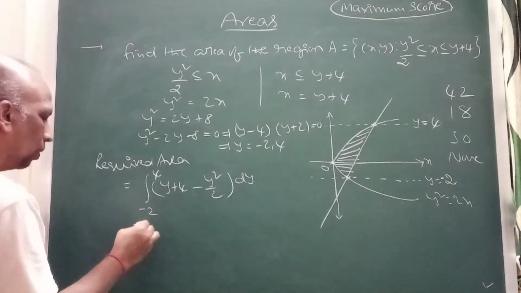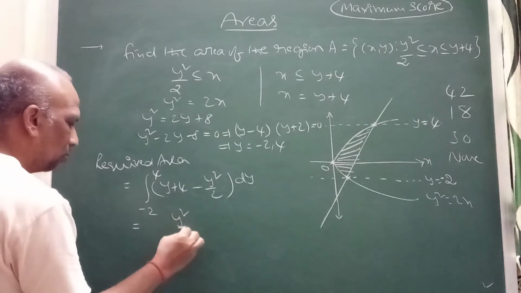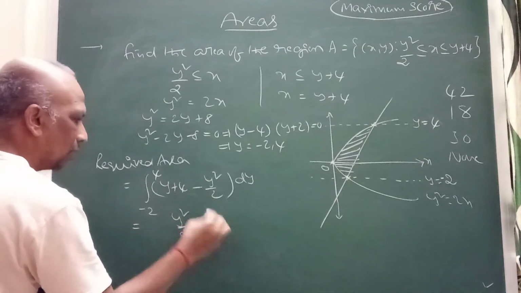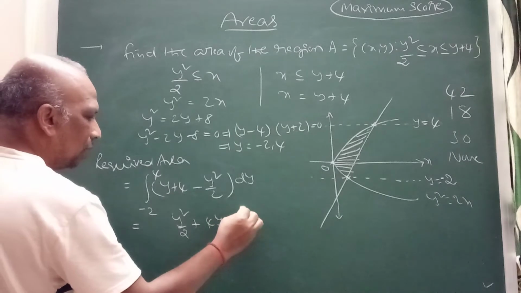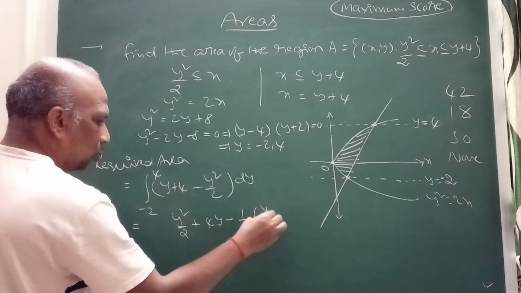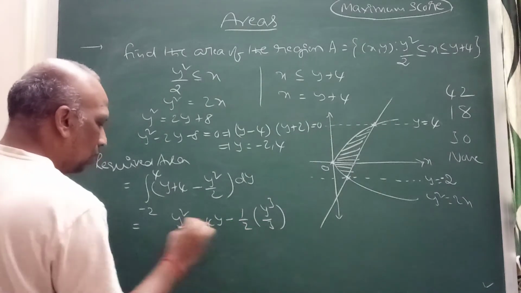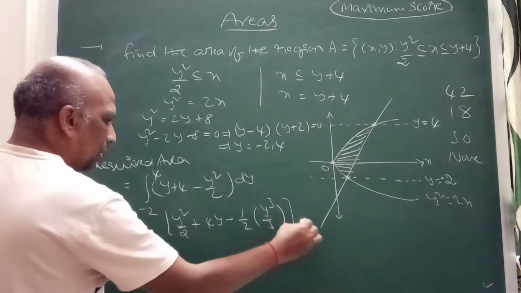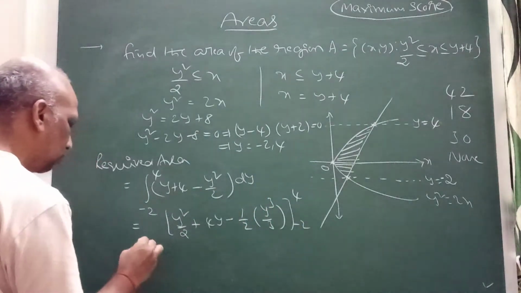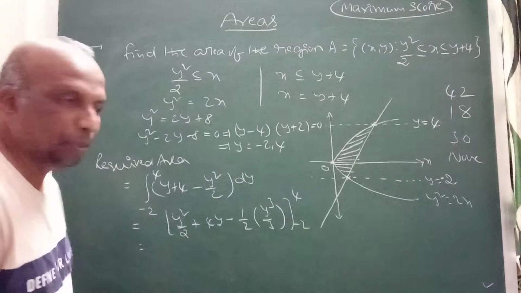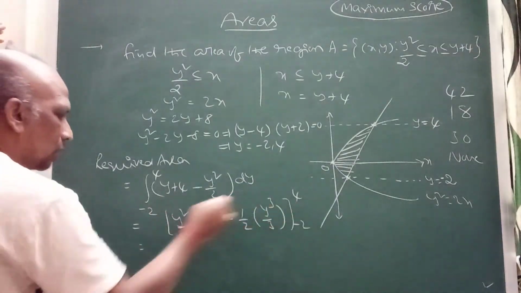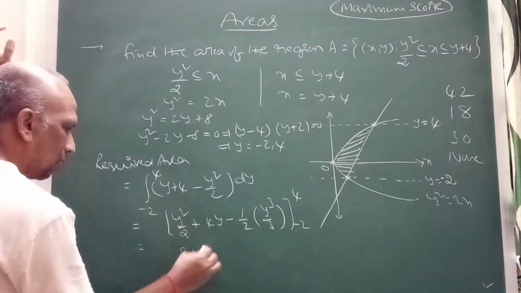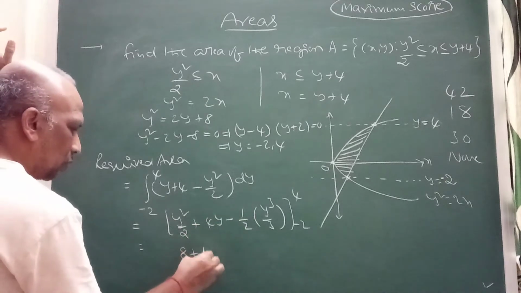Now you can see this one: for y square by 2, 4 means 4y minus 1 by 2 into y cube by 3. Apply the limits, minus 2 to 4, upper limit minus lower limit. Apply the upper limit: it comes 16 by 2, 8. Again 4 for 16.